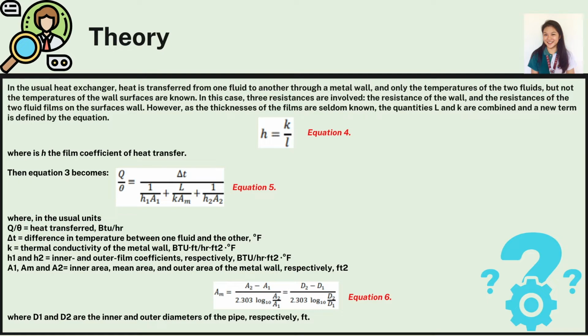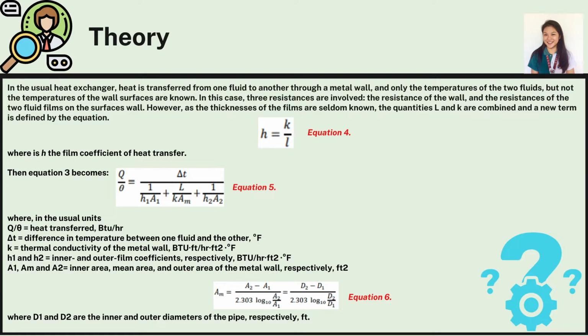K is the thermal conductivity of the metal wall with the unit of BTU feet per hour feet squared Fahrenheit. H sub 1 and H sub 2 are the inner and outer film coefficients respectively with the unit of BTU per hour feet squared Fahrenheit.